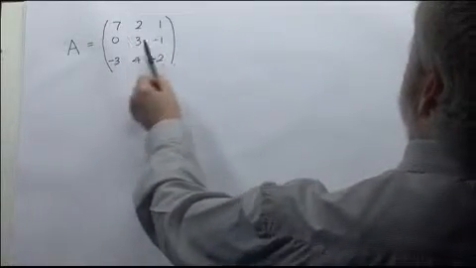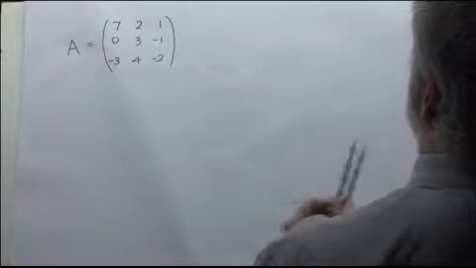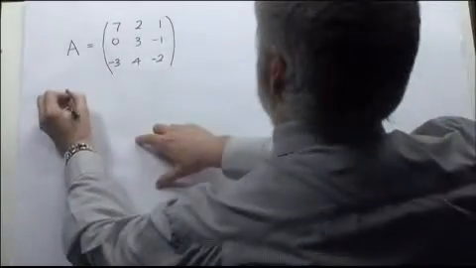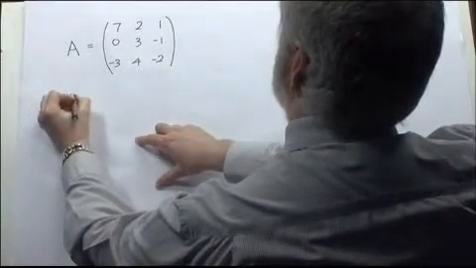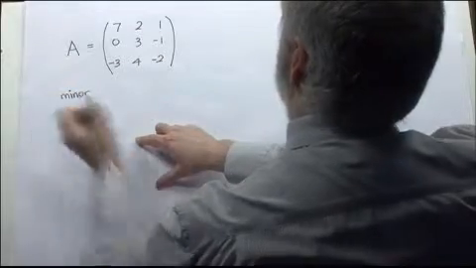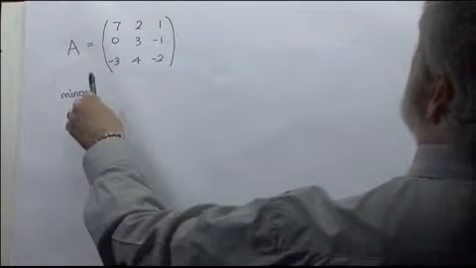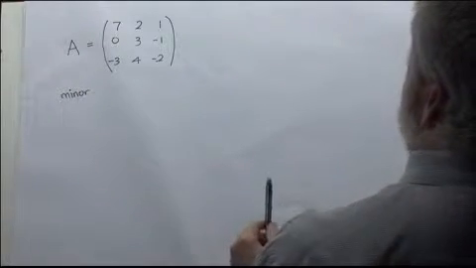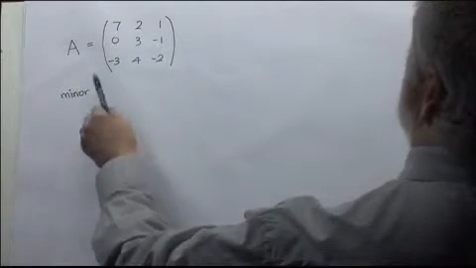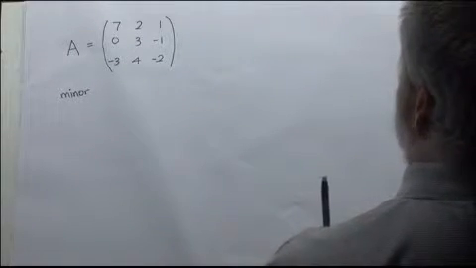Every element within our matrix has its own minor. We spell minor like this, M-I-N-O-R. And the minor of an element is the value of the determinant we get when we cross out the row and the column containing the element we're looking at.